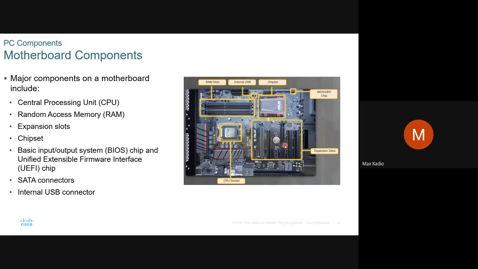The expansion slots for a TV card or Wi-Fi card or graphics card to play games. And the system that will make your motherboard work is called the BIOS. It's a program that is located in a small device for everything to work. We call it the BIOS.